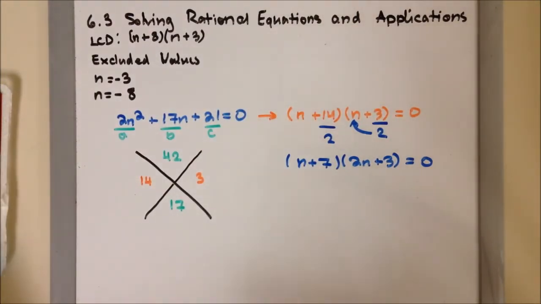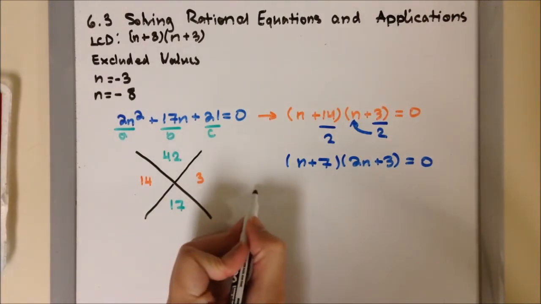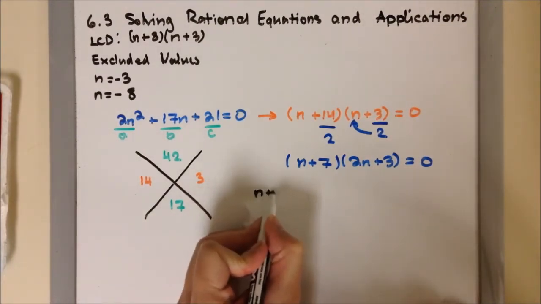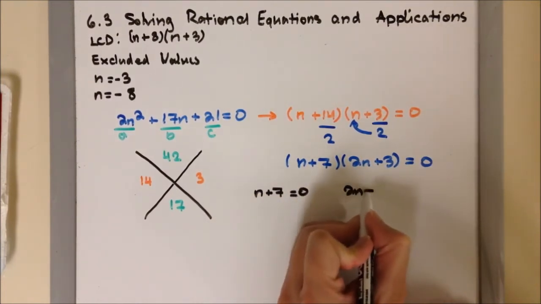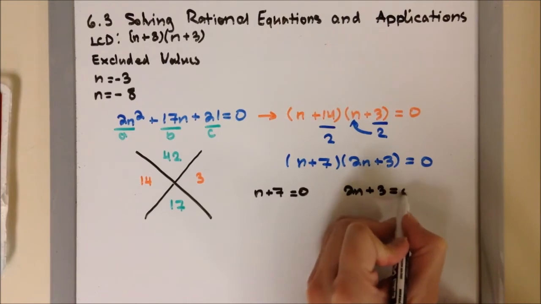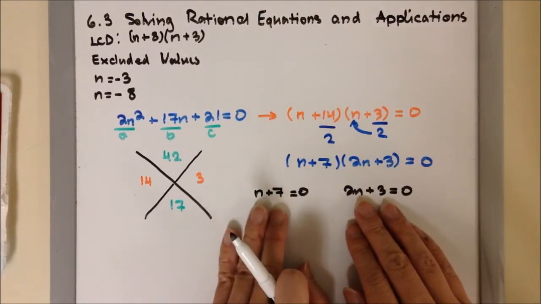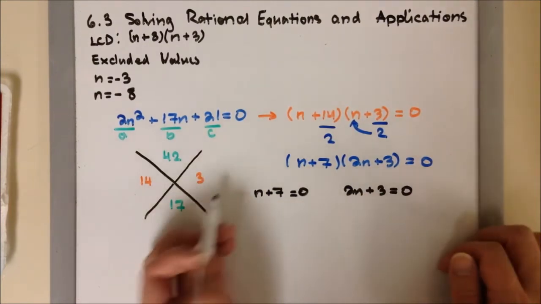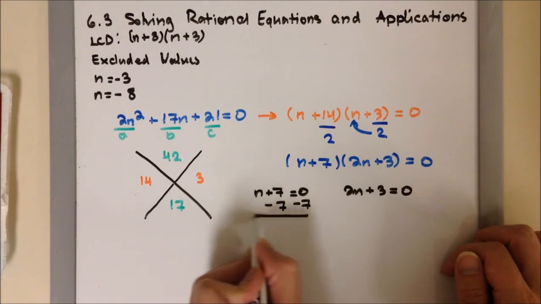Once I finish with that part, now I'm going to solve for both n's. So n plus 7 equal to 0 and 2n plus 3 equal to 0. Since these two are multiplying and equal to 0, we just basically set both of them equal to 0 and then solve for n. So the first one, I'm going to subtract 7 on both sides.